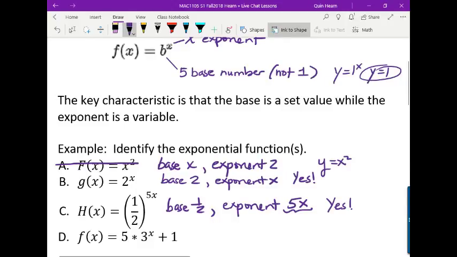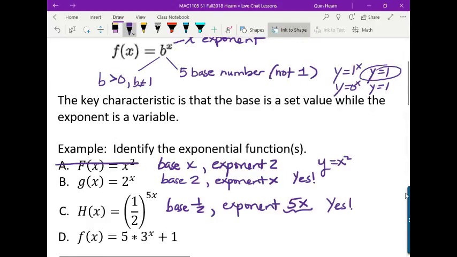But any other base, well, I take that back. 0 also. You can't have 0. And we only use positive numbers when we're doing our base b. So we're going to think of b as being any number greater than 0 except for 1. Okay, so 1/2 works.